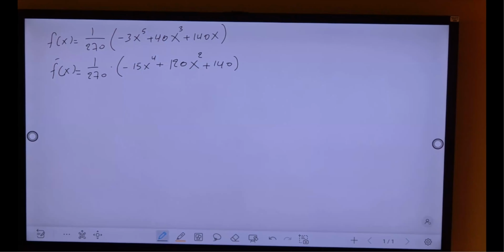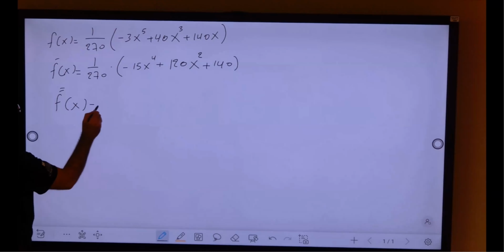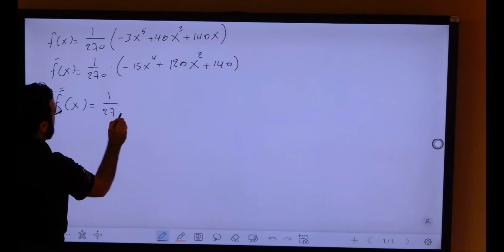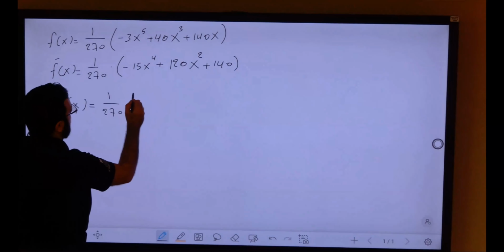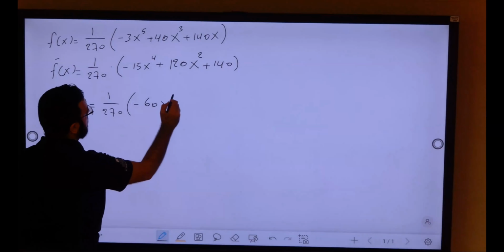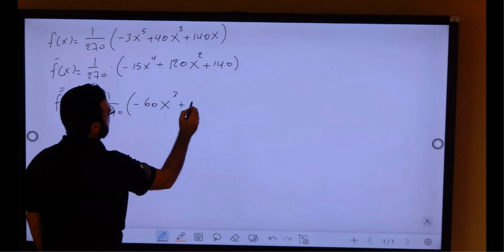Now what's the next step? The second derivative is going to be 1/270 times, and what else here? Negative 60x cubed plus 240x.